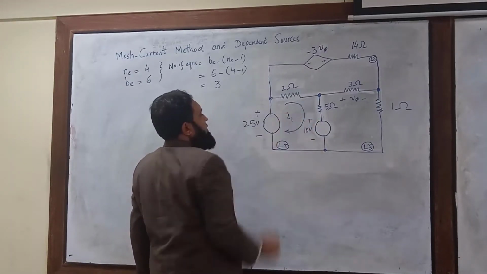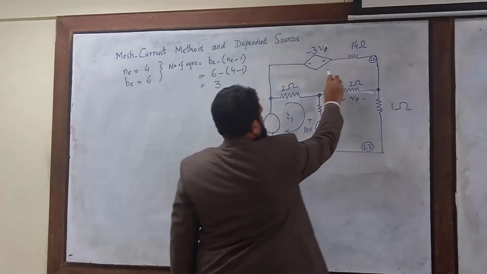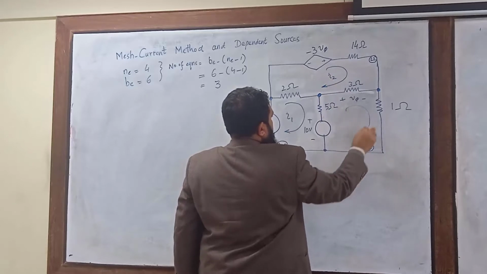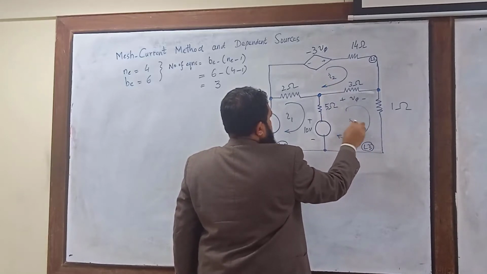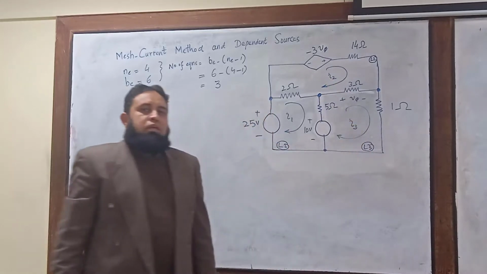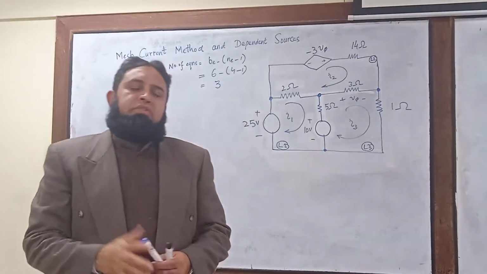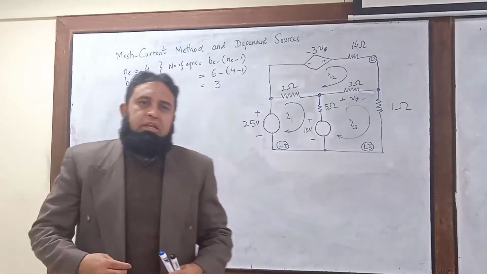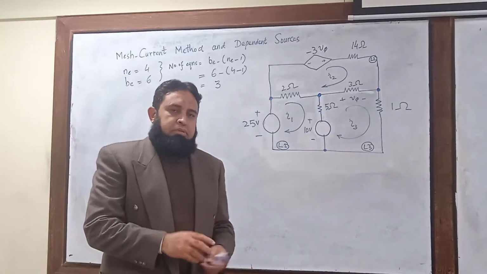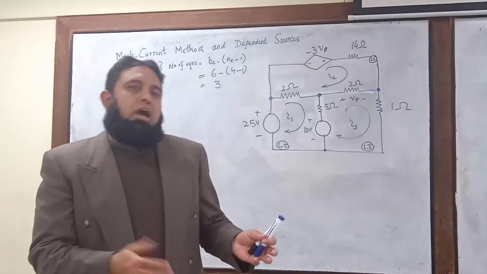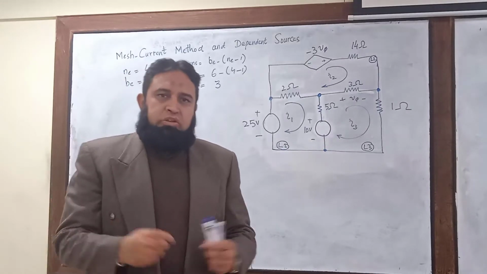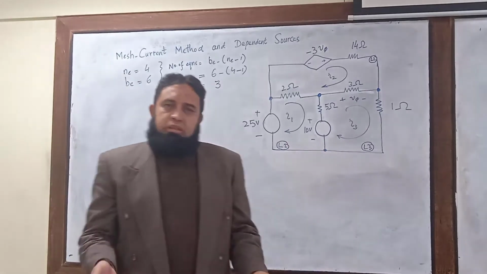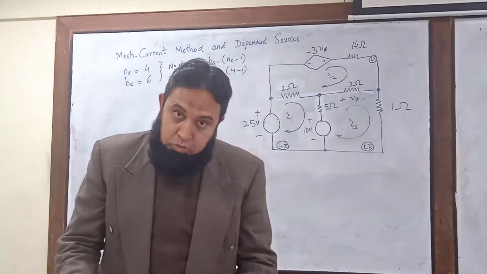Let's say this is current I1, this is current I2, and this is current I3. This is just a fictitious direction and fictitious currents. You can assign any direction you like, so it's not a big deal. If you remember, in a previous part of this lecture series we already solved 2 different scenarios by changing the direction of the loop current, and the end results are the same, as they should be.